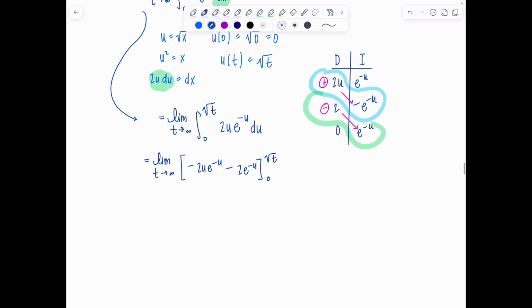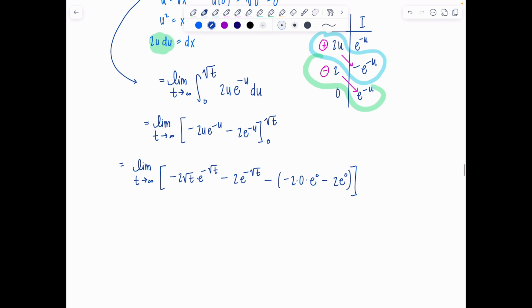Okay, now we substitute in our limits of integration. So the limit as t goes to infinity of negative 2 square root of t e to the negative square root of t, minus 2e to the negative square root of t, minus negative 2 times 0 times e to the 0, minus 2e to the 0. I need the limit of all of that.